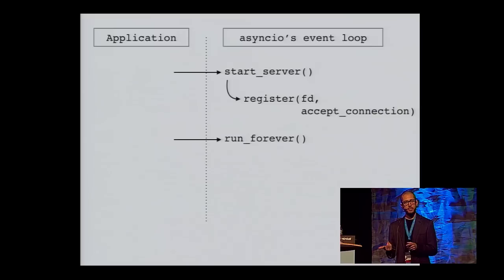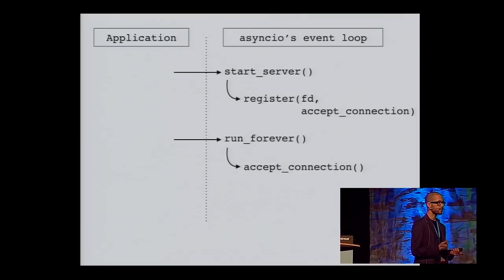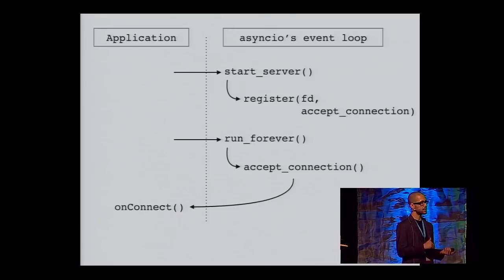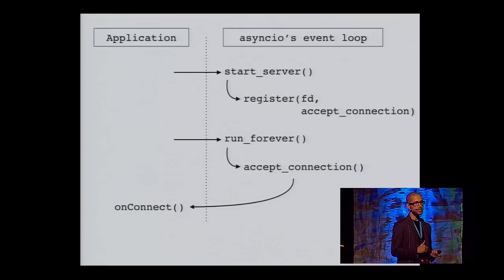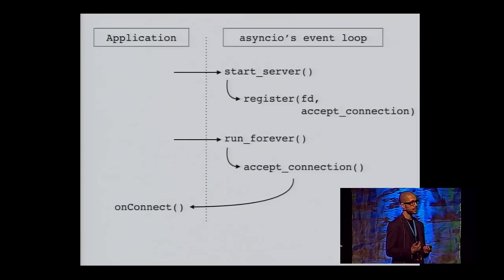And then the loop saw the event on the listening socket, and it pulled the callback out, and it executed it. And that callback, in turn, called back into our chat protocol implementation and executed on_connect on that. So now we've seen the whole chain of events, and we've seen at a very low and basic level how async actually works.